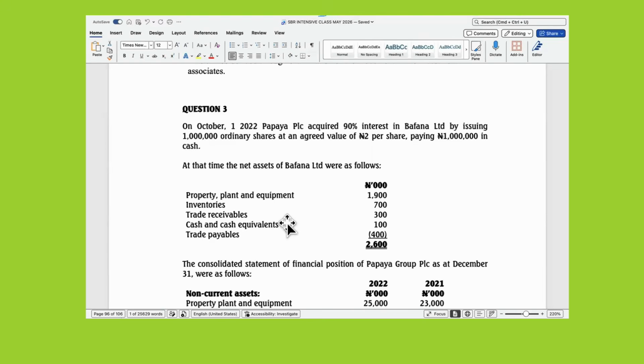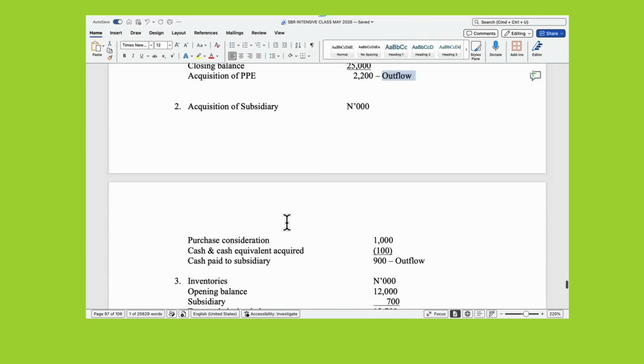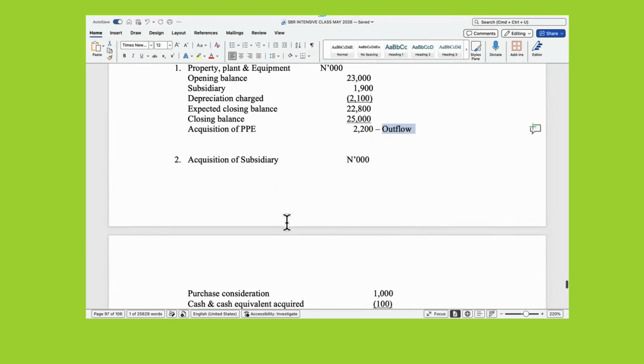It's going to be 900, because I paid 1 million and I'm collecting back 100. Part of your assets has a cash of 100. So how much have I paid effectively? It's 900 because indirectly I've collected back 100. And that's what I did in this movement for goodwill.